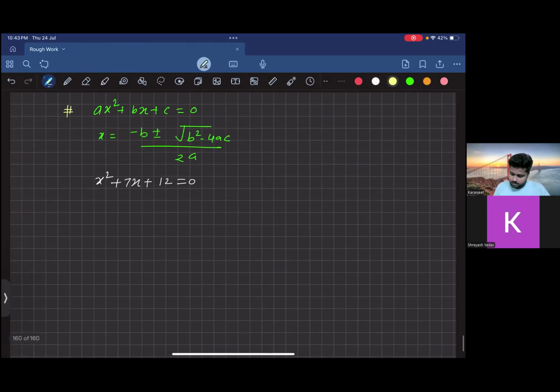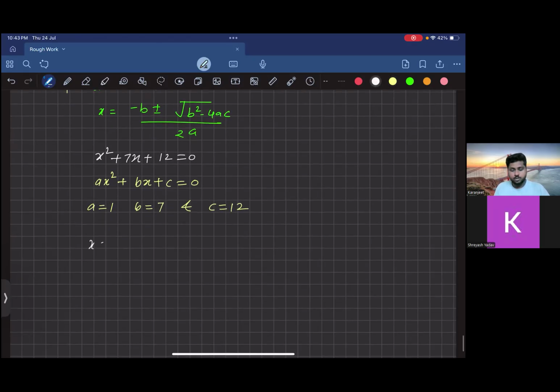I will compare with the original equation, that is ax square plus bx plus c is equals to 0. Therefore, I will get a is equals to 1, b is equals to 7, and c is equals to 12. Then again, I'll write the formula x is equals to -b plus or minus under root b square minus 4ac divided by 2a.